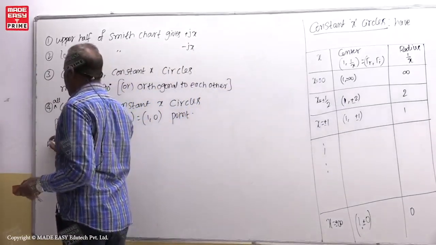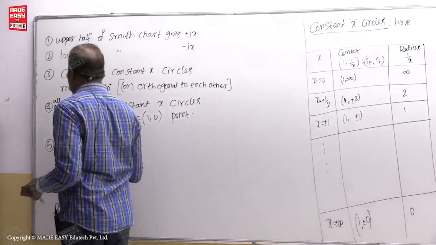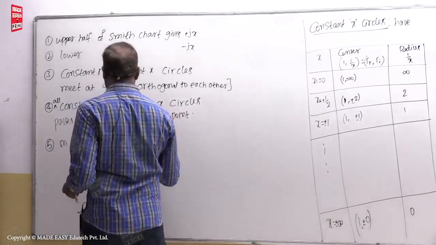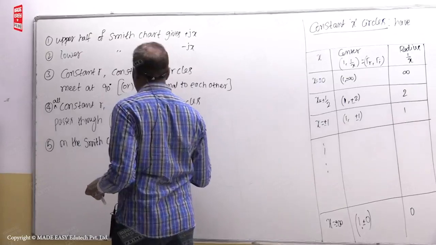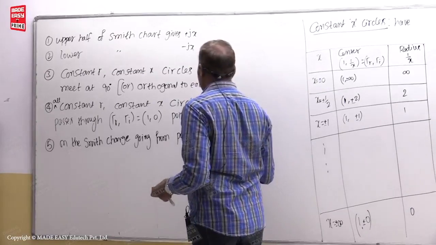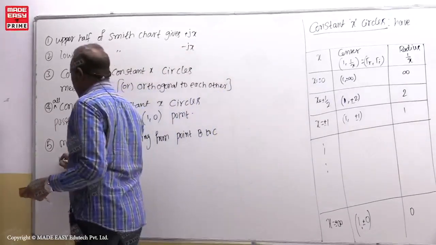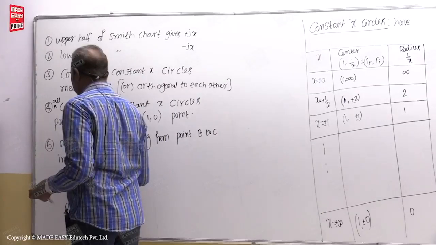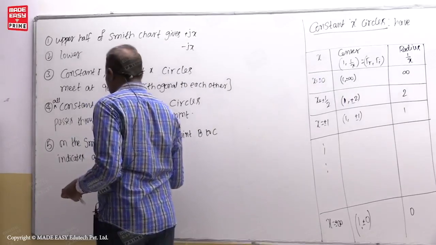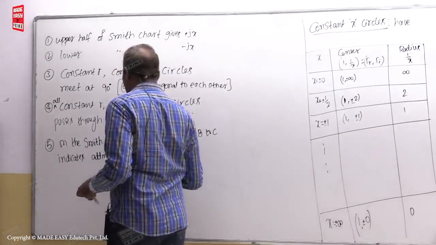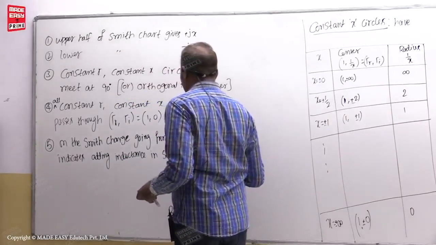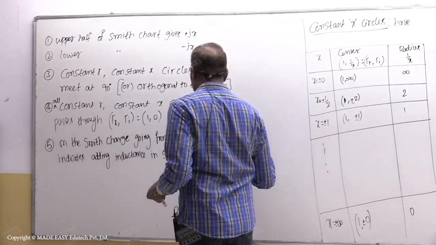Okay. Next, on the Smith chart, there it is shown, no? Going from point B to C indicates adding inductance in series with impedance.